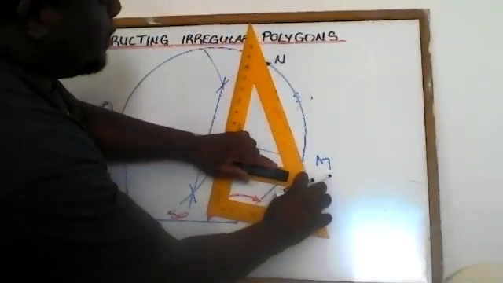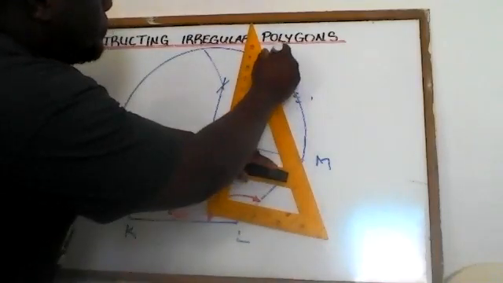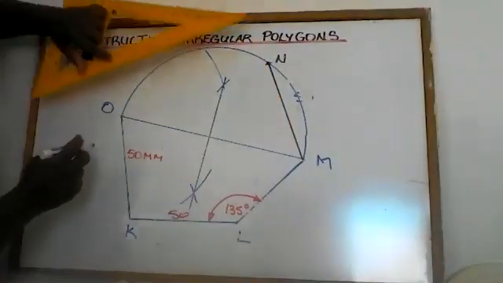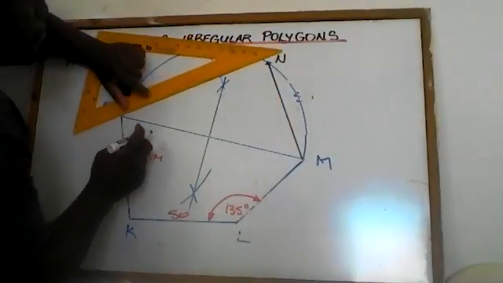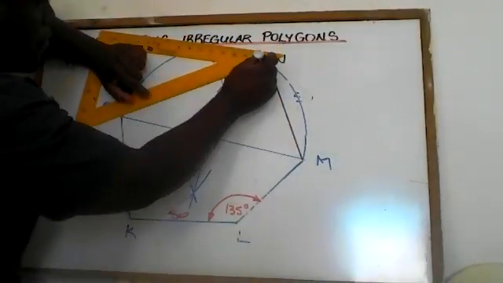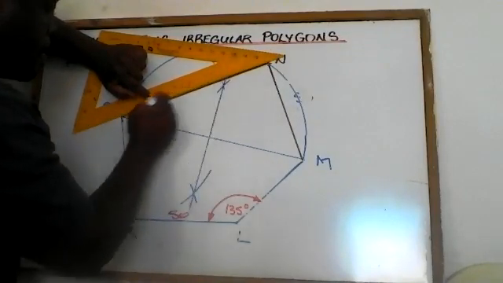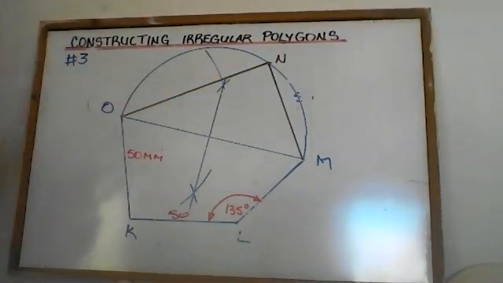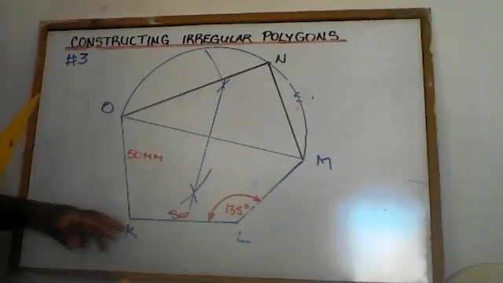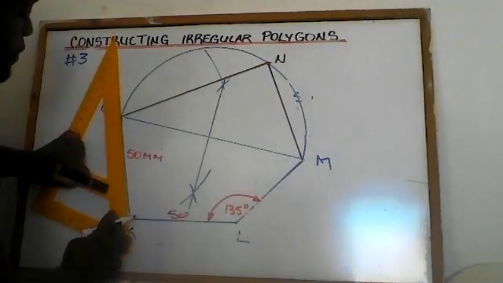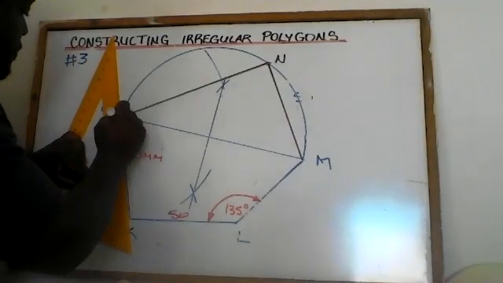Join N to M, and we're almost done. One more line to go, N to O. So this is our irregular pentagon. And of course, you're going to darken K, L, M, N and O with nice, straight lines.